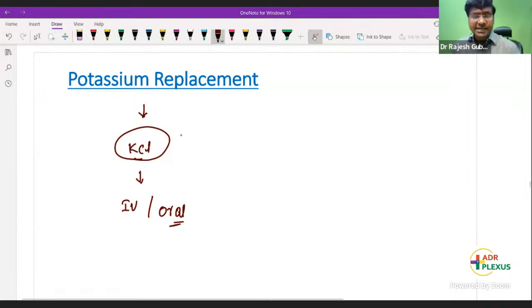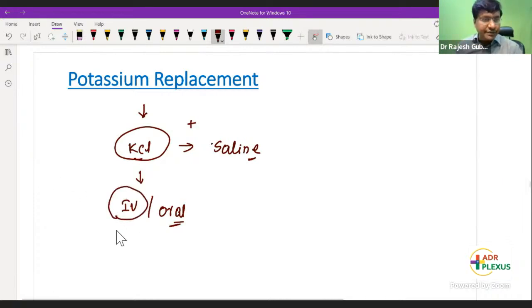Potassium chloride is a hyperosmotic substance. When you give KCl directly through the intravenous route, the individual will develop phlebitis. So this KCl you have to mix with saline. The intravenous ampules contain almost 1 to 2 milliequivalents per ml.